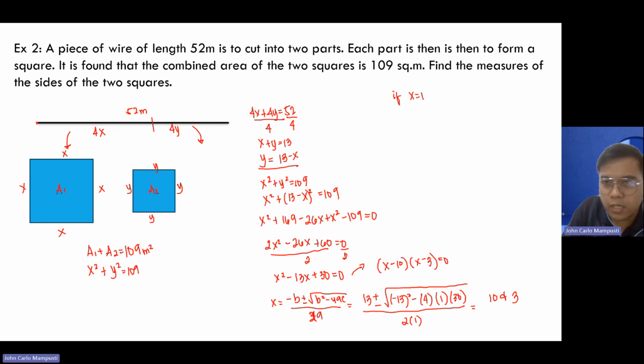So, as you can see, if x equal to 10, y is equal to 3. If x is equal to 3, therefore, y is equal to 13 minus 3. This is equal to 10. So, ibig sabihin, yung measurement ng dalawang square is 3 meters yung isang side, and yung isa ay 10 meters.